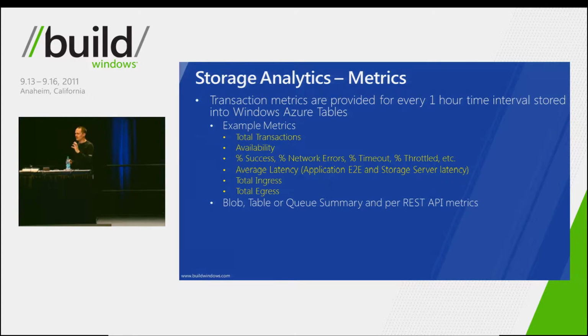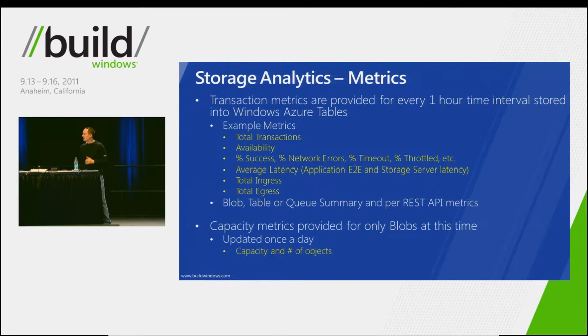We provide an hourly metric showing the summary of everything that's going on for your blob transactions, your table transactions and queues. We also provide these metrics for every single REST API we have. So you can look at all the get blob requests to your storage account and see these metrics. Every get blob, every put blob, delete message, insert entity, every single REST API, we provide these metrics.